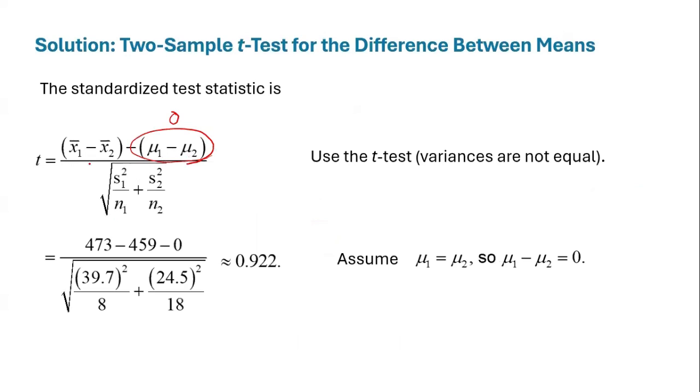But we have numbers for x1 and x2. We need to subtract them. We have numbers for the standard deviation of each sample and the sample sizes. We put them in the formula and find the test statistic. After finding the test statistic, now it's time to check if this number falls in the rejection region or not.